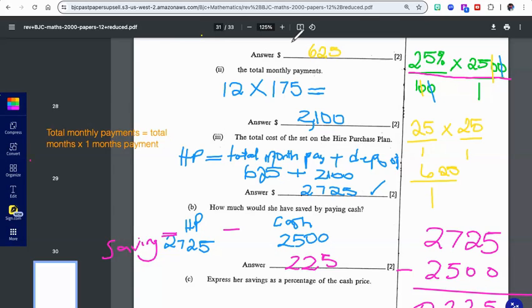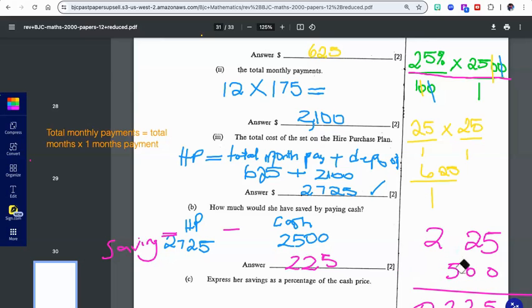It's asking you to express one amount as a percent of another. And I'm sure you would have done this in class when you did percentages, probably in grade 7 though. That's a long time. So express her savings as a percent of the cash price.